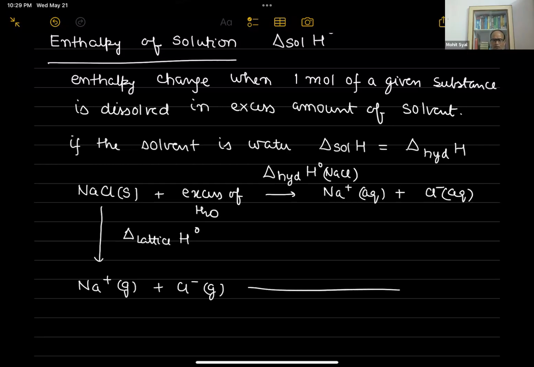Then you put them in the water. Na plus is surrounded by the water molecules, and Cl minus also gets surrounded by water molecules.